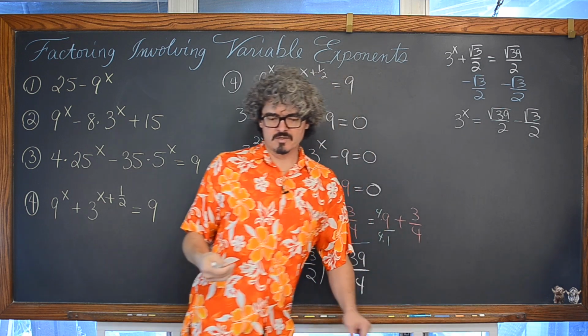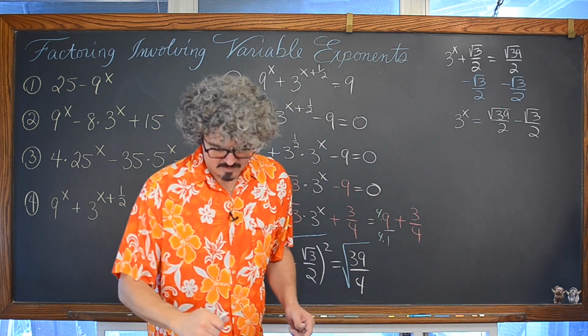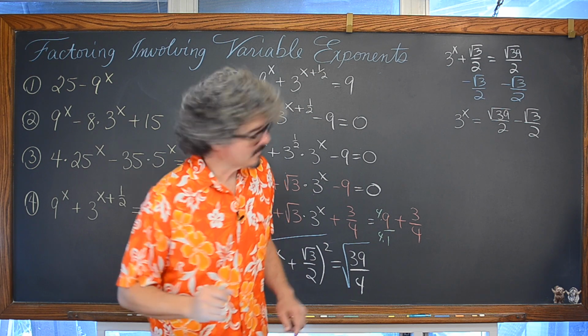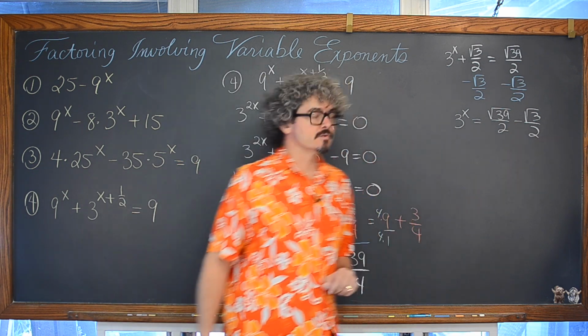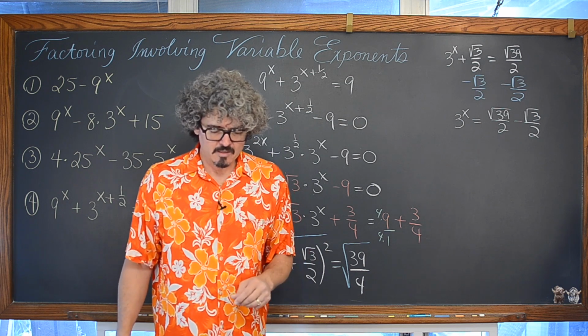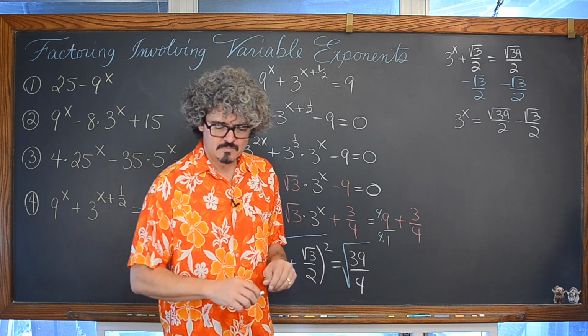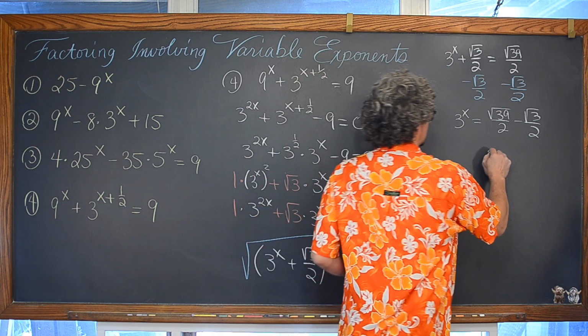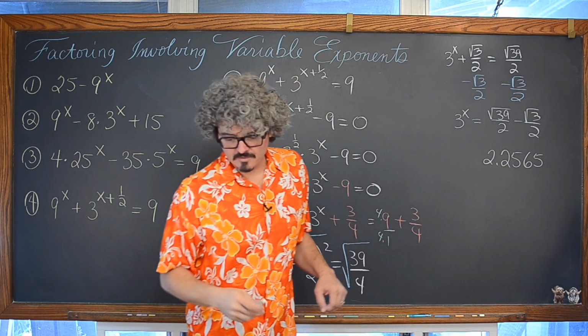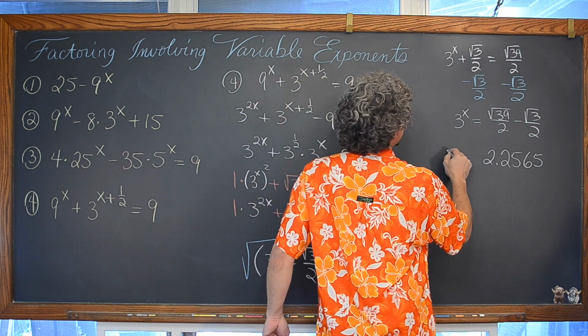And we are going to get an approximated answer here because, not that we can't write it in an exact format, but the square root of 39 over 2 minus the square root of 3 over 2 is going to give us approximately 2.2565, right off the top of my head, not really my notes.